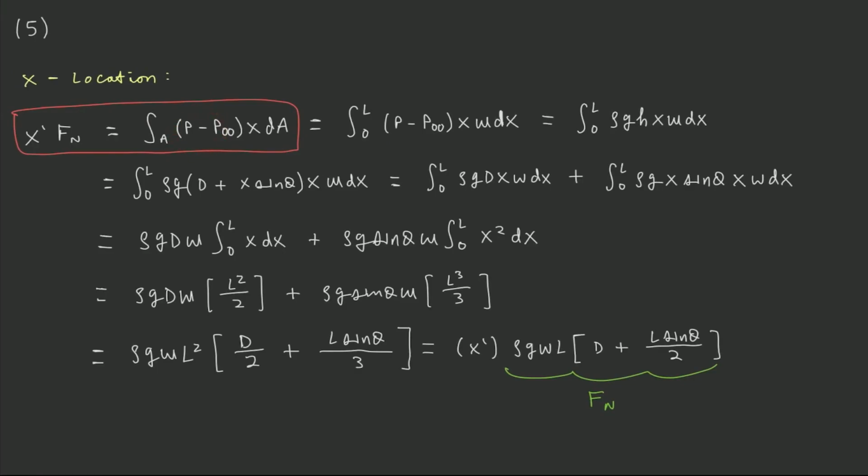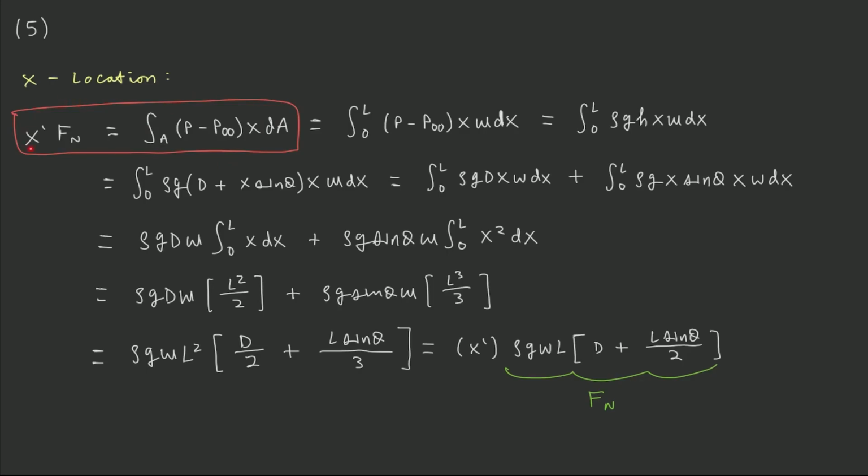So this P minus P infinity times dA, that's just a net differential force at the location dA. Now, if we multiply that by x, we get the net moment about the y-axis at that location dA. Now, if we sum that over the entire area of the plate, we get the net moment about the y-axis created by the net pressure distribution.